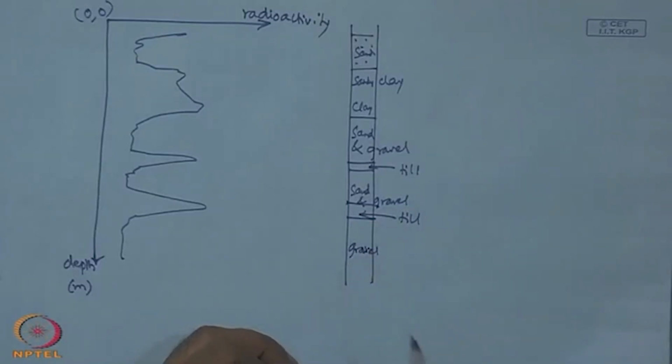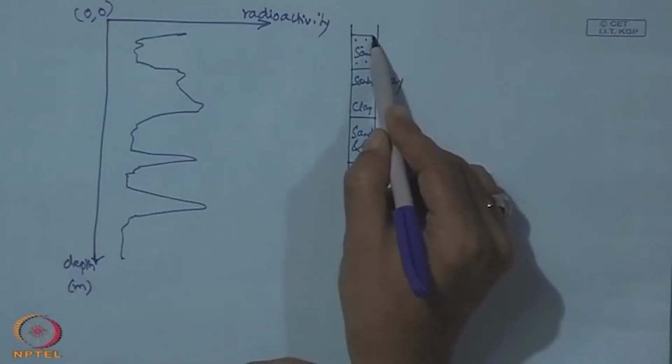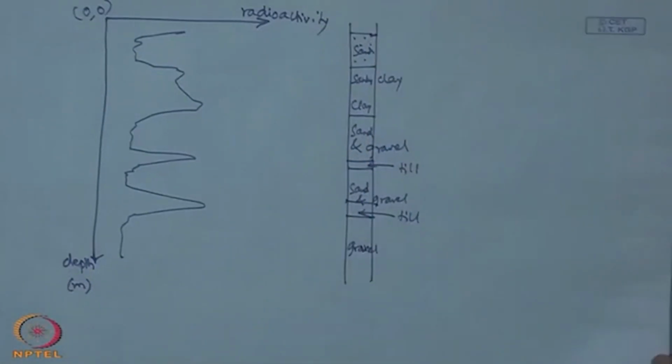Like this, we can identify the formation of the rock using this natural gamma logging.